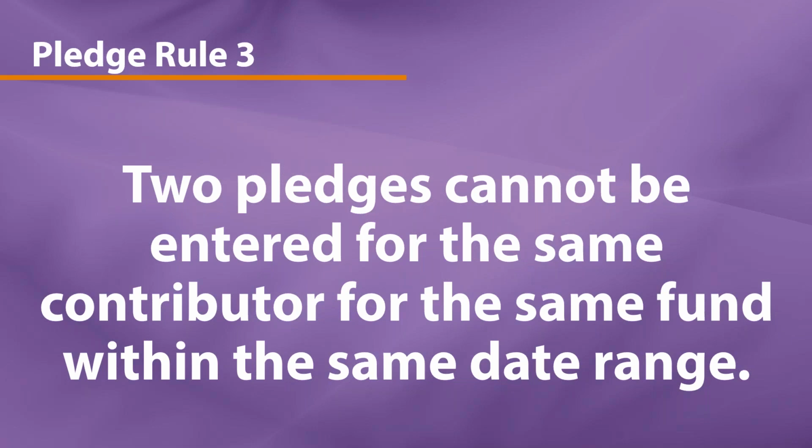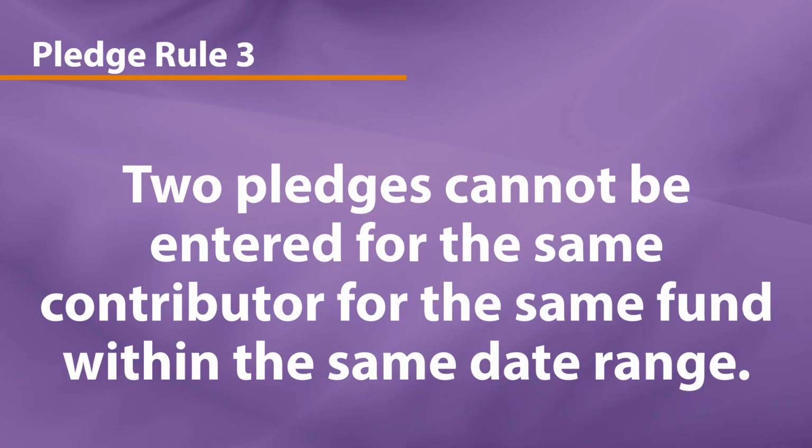It runs October 1st to the end of October of 2019. And so far, so good. We have two pledges. Now, the contributor is the same. Okay, so far, so good. We have overlapping date range, and the contributor is the same. But where we get into trouble is if we try to give it for the same fund. So if we try to have both of these for the general fund or the Vacation Bible School or the building fund, that's where we run into a problem.